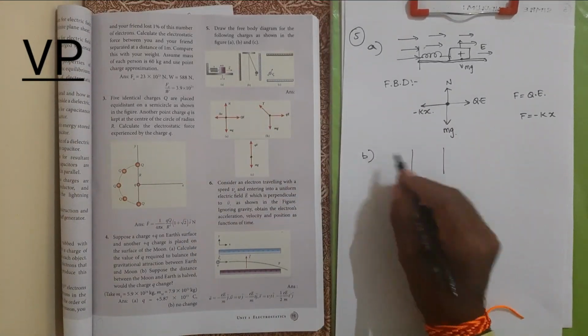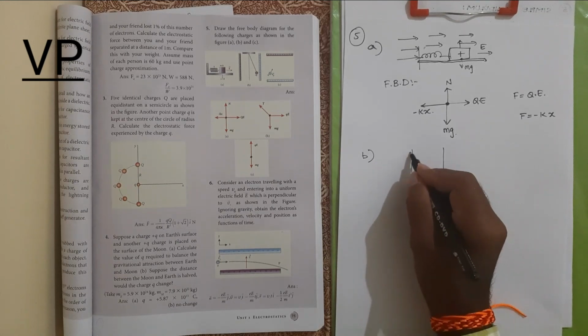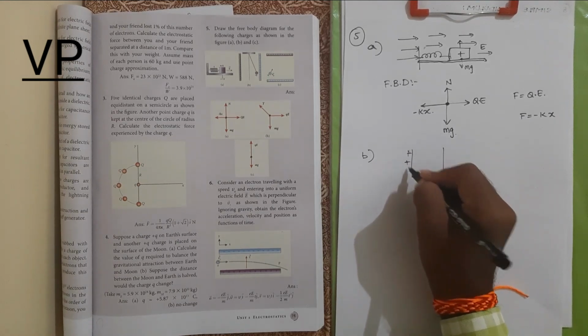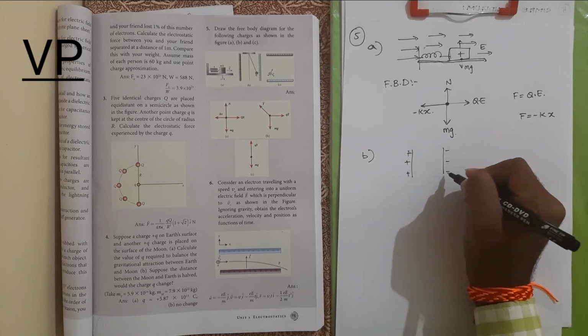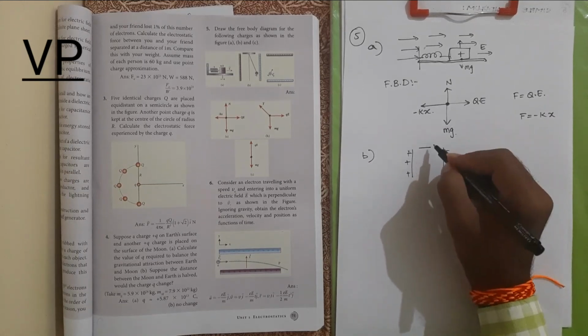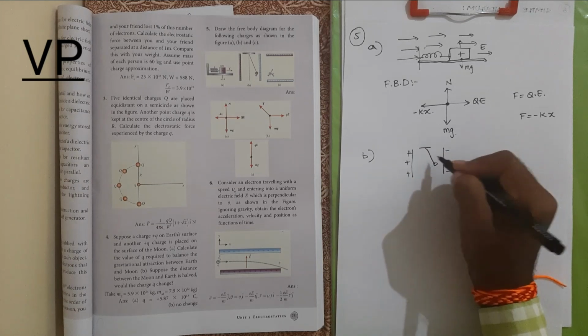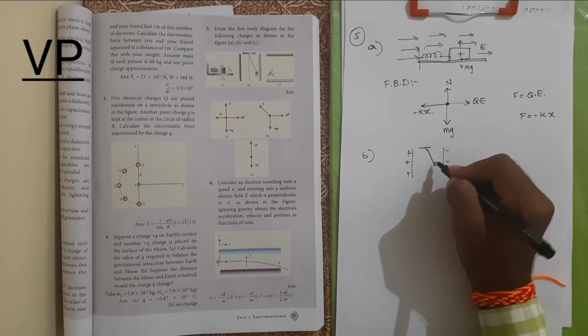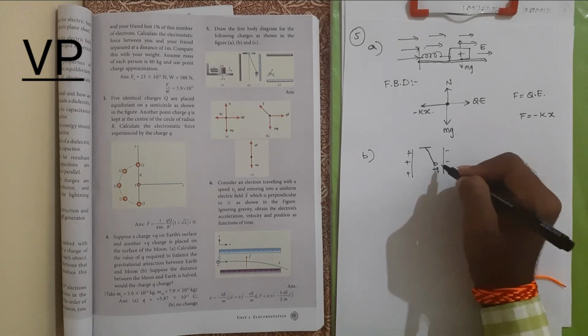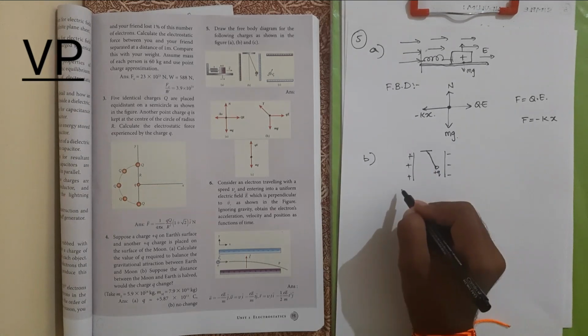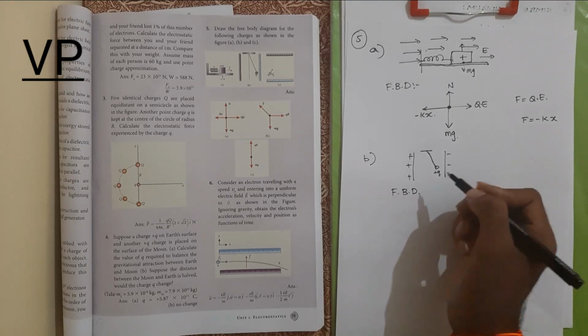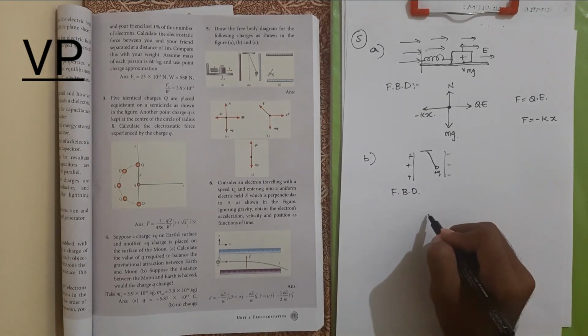For question B, there are two plates with one plate positively charged and the other plate negatively charged, and a charge plus q is attached with a string. They have asked us to draw the free body diagram. I'll draw it here. The charge plus q is here.